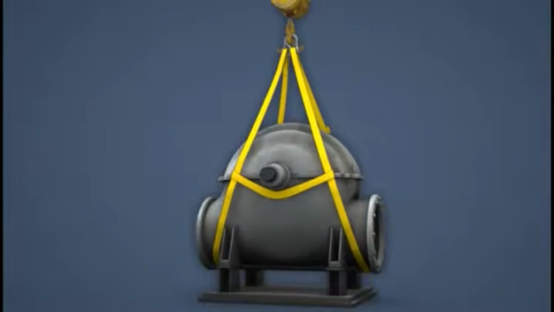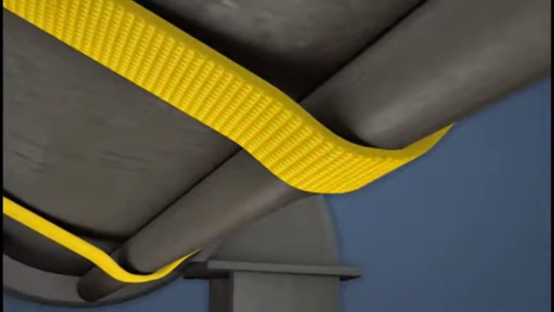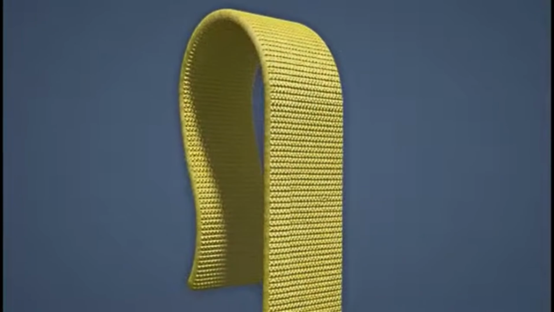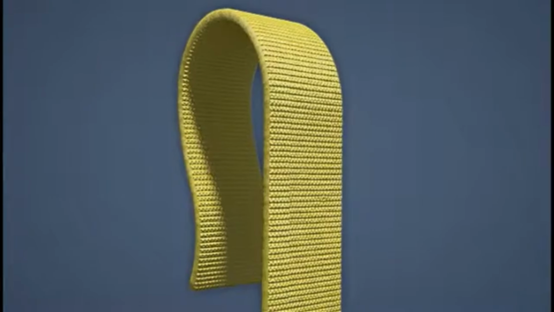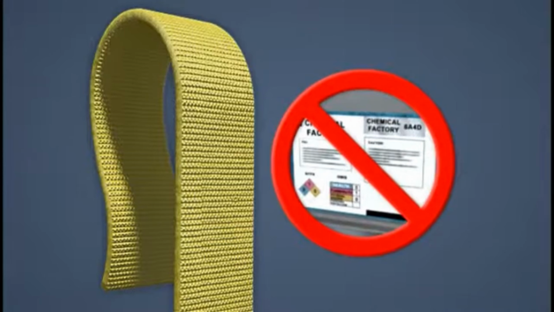Even more than metal mesh, synthetic fiber slings adhere to the contours of a load. They also have good shock absorbency, unlike chains and wire ropes. One disadvantage of synthetic slings is that they are not as temperature resistant as metal slings are. Another disadvantage is that they are not resistant to corrosive substances.